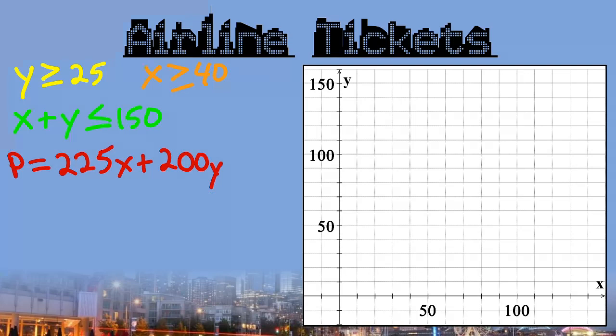All right, that y is greater than or equal to 25. I'm going to do the yellow one last, because actually, I'm going to show something that I think is helpful.